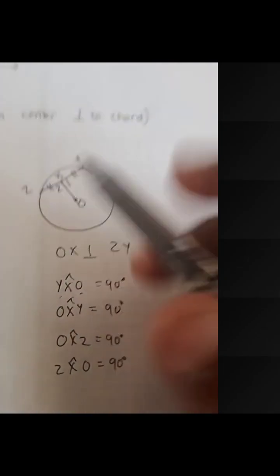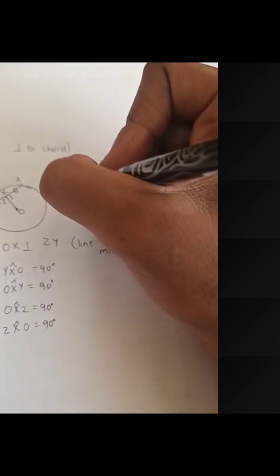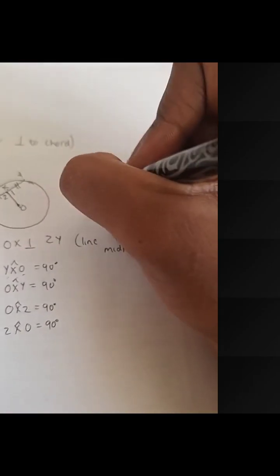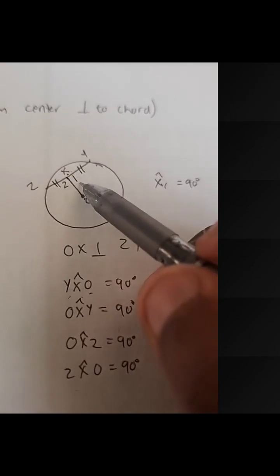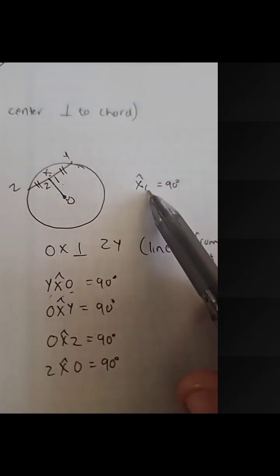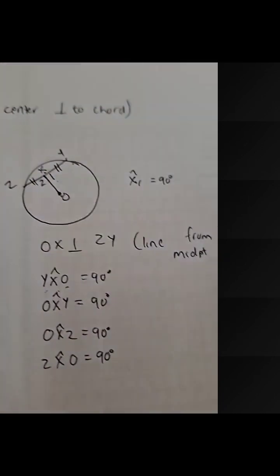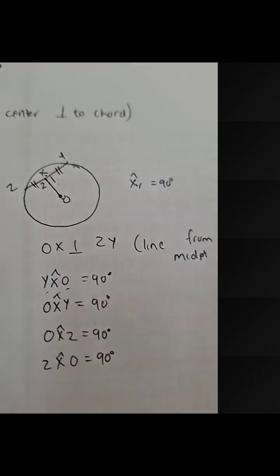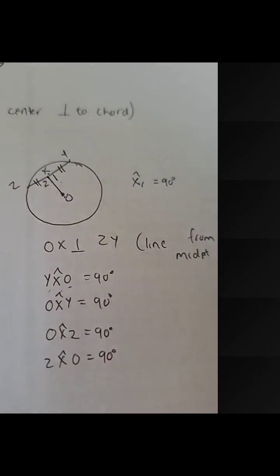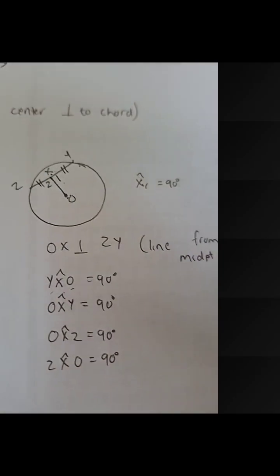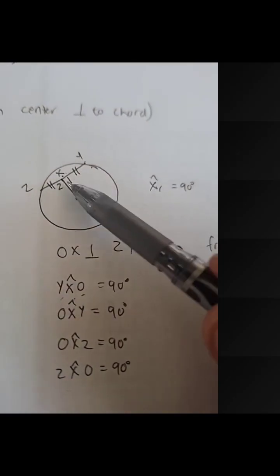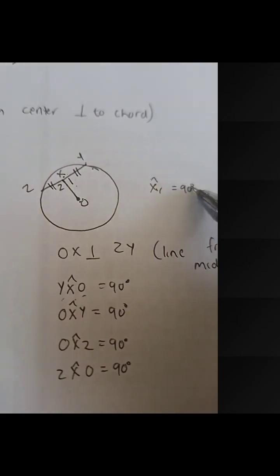Now this one, it would have been very easy to just say angle x1 is equal to 90 degrees, because once they do that for you, then it's easier to just say x1. But you don't fill in 1 and 2. They must give it to you in the diagram so that you can utilize it. All right. So then it's fine to say angle x1 is 90.